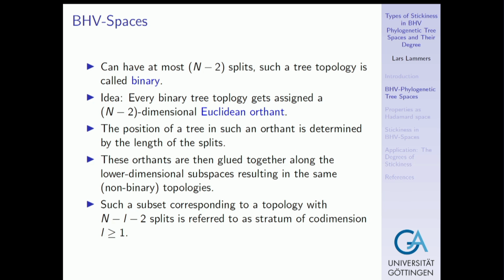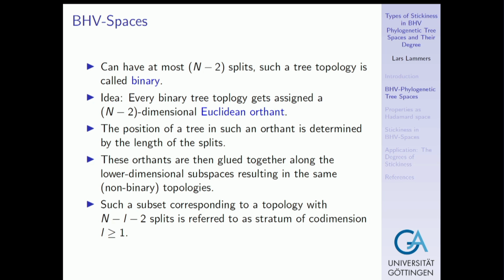A tree can have at most n minus 2 of such splits, and these trees are then called binary. The idea in BHV spaces is that you assign each binary topology a Euclidean orthant, and the position of a tree with that topology in that orthant is then determined by the lengths of the splits.